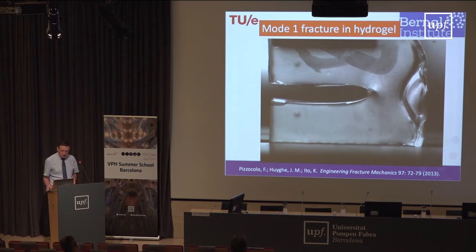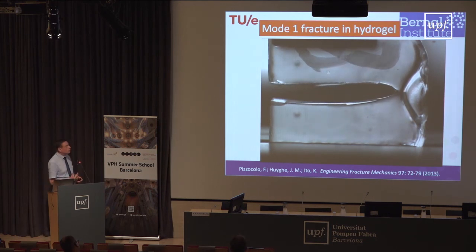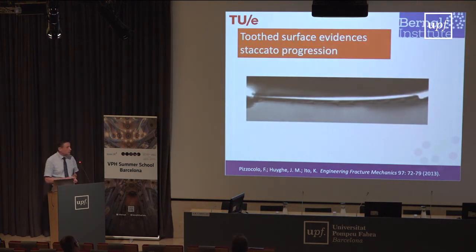And we find this even for just strictly homogeneous material. So the gel is homogeneous. There is nothing like inhomogeneity. And if you look at the surface, you find that there are actually teeth along it, which also indicates that it is stepwise progression.